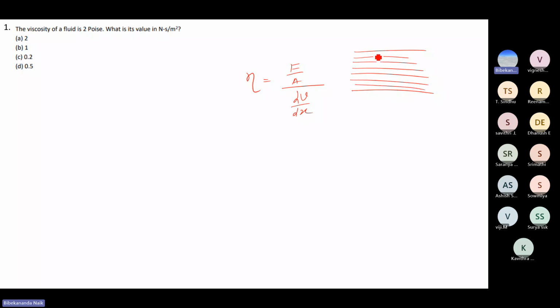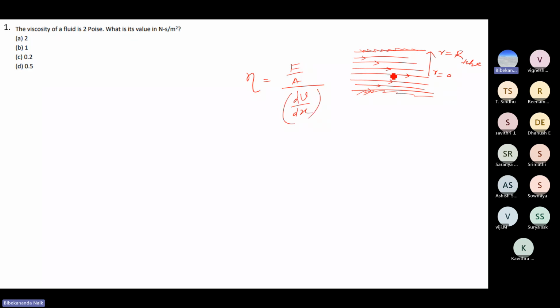Suppose this is the pipe wall, so the liquid close to the pipe will be moving at a lesser speed, and gradually at the center of the water flow, the velocity is maximum. So there is a velocity gradient as we go away from the center. It is r equal to 0 at the center, and r equal to the radius of the tube at the wall. This is the velocity gradient.